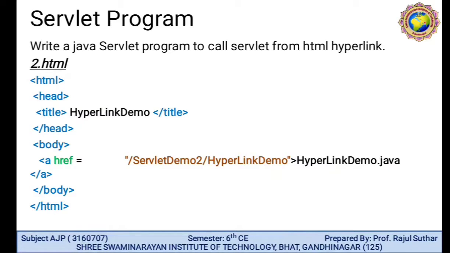In the body we require to write hyperlink text. The syntax href is required to create a hyperlink for servlet demo, hyperlink demo. So the name of the hyperlink is HyperlinkDemo.java.